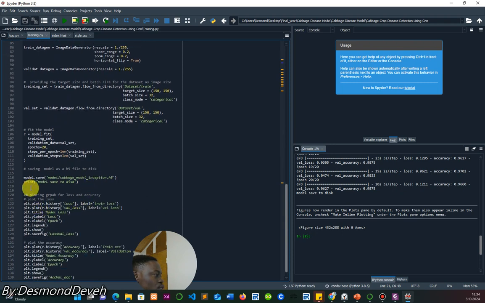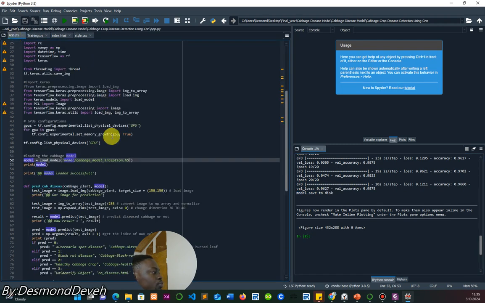Yeah, so when it's done running, just like you can see here, when it's done learning, the model should be saved. So I'm saving it to disk. So I'm going to save model cabbage_model_inception.h5, and then I'll print saved to disk. That is what you see here, saved to disk.